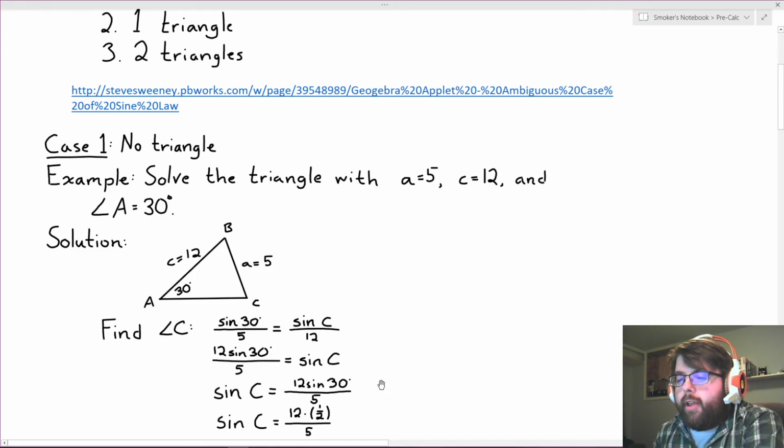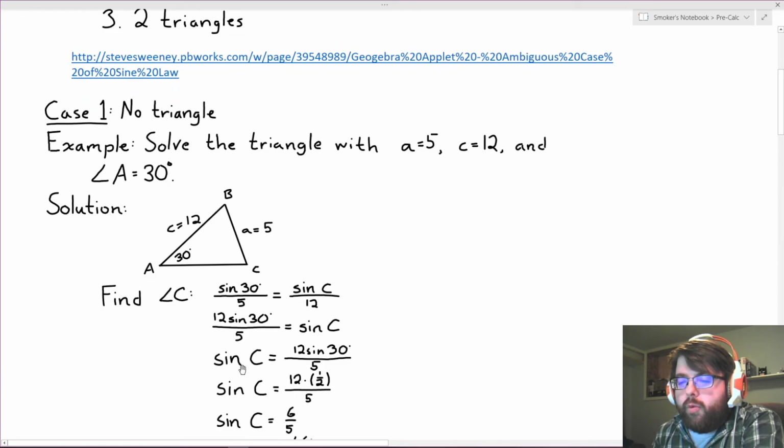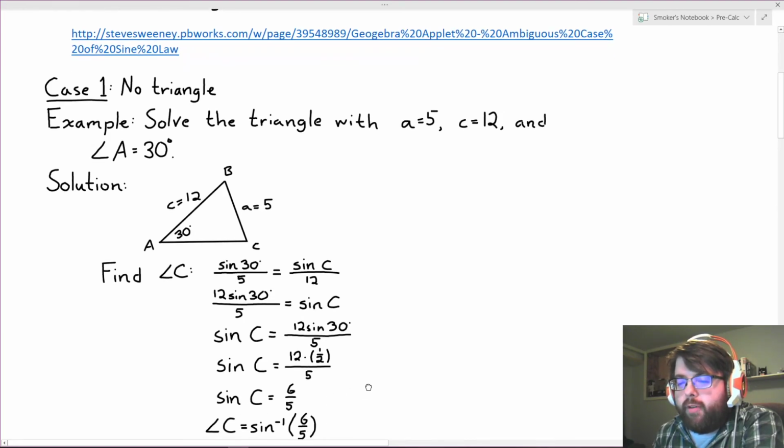Sine of 30, cosine of 60, tangent of 45 give you 1/2. Those are very, very specific cases, but that's kind of nice here. So we have 6 over 5. What we're solving for is C, but we're first solving for sine of C. Once we get sine of C equals something, we can do sine inverse of both sides.